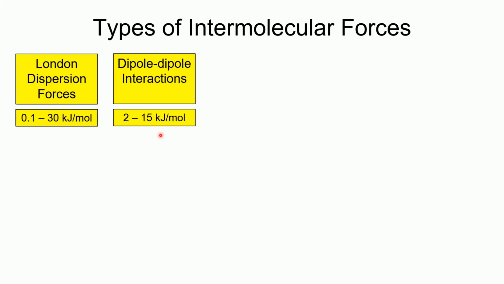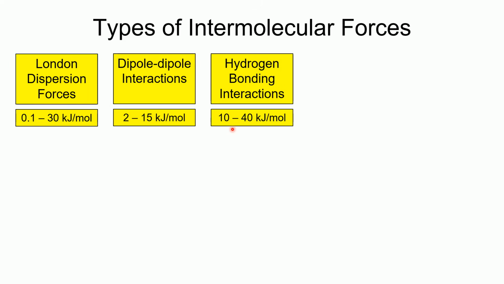For a dipole-dipole interaction, we'll find that those typically are stronger. The usual range is from about 2 to 15, but you'll see there's quite a bit of overlap with the strength of the London dispersion forces. But generally speaking, we'll find that the dipole-dipole forces are stronger. For hydrogen bonding interactions, which is a special type of dipole-dipole interaction, we will talk about that in a little more detail later.